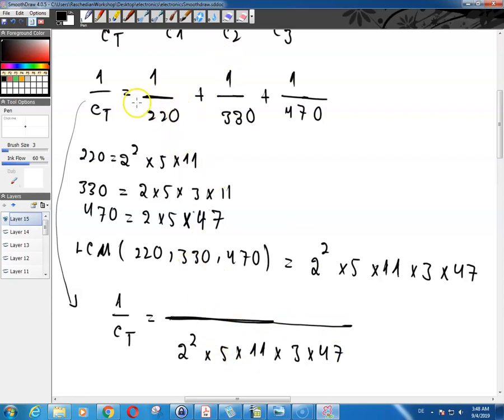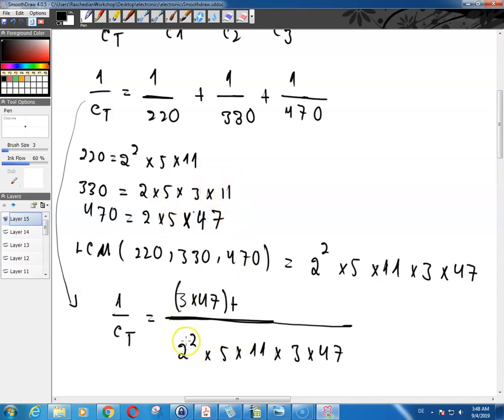You have to divide the product of these numbers by 220. 220 has a 2 raised to the power 2, a 5 and an 11 in it, so these will be cancelled out. Then you would have only 3 times 47. Plus 330, which has a factor of 2, a factor of 5, a factor of 3, and a factor of 11.